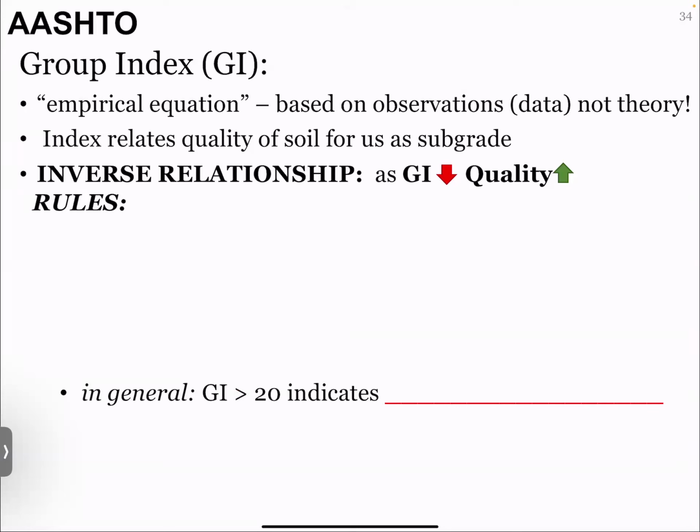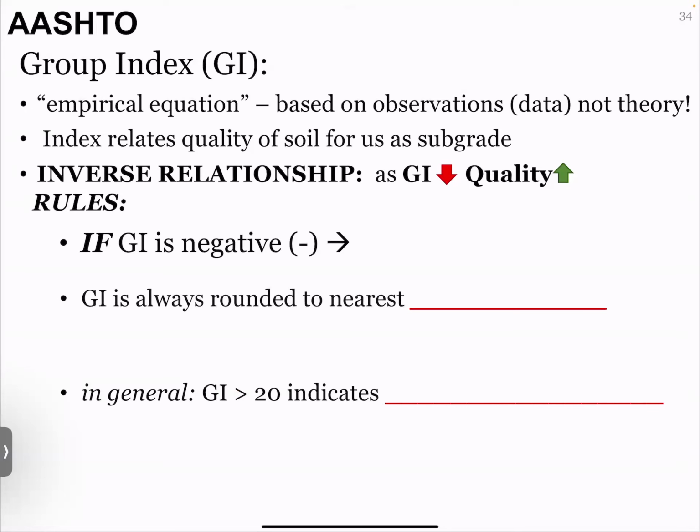Some of the rules here: if you calculate the GI as negative, then we just say that it is 0. Group index is also always rounded to the nearest whole number, so we don't show decimal places. We just round to the nearest whole number, not necessarily round up.